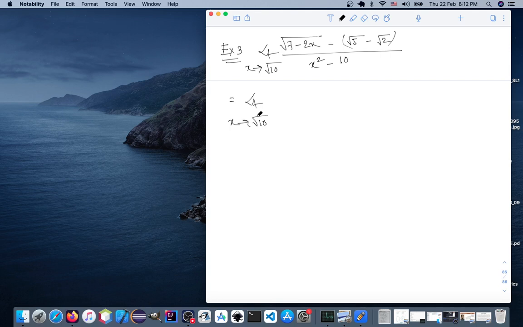Root 5 minus root 2 whole square is 7 minus 2 root 10. 7 gets cancelled and 2 root 10. So root 2 root 10. We can factorize the denominator as x minus root 10 into x plus root 10. Okay, let's proceed by rationalizing the numerator.